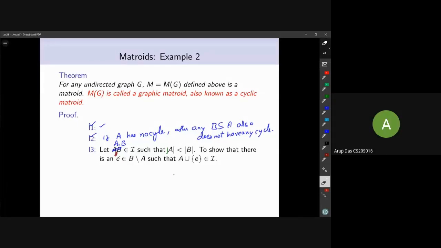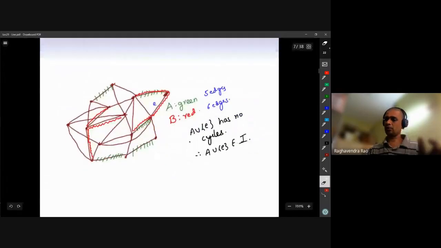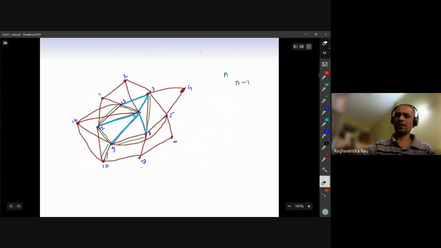Sir, can you explain that n minus 1 part again? No, I was just saying, suppose A is a tree, okay? Basically, it's a tree on a subset of vertices. Say that subset of vertices is n. So in any tree of n vertices, there are exactly n minus 1 edges, right? Right.